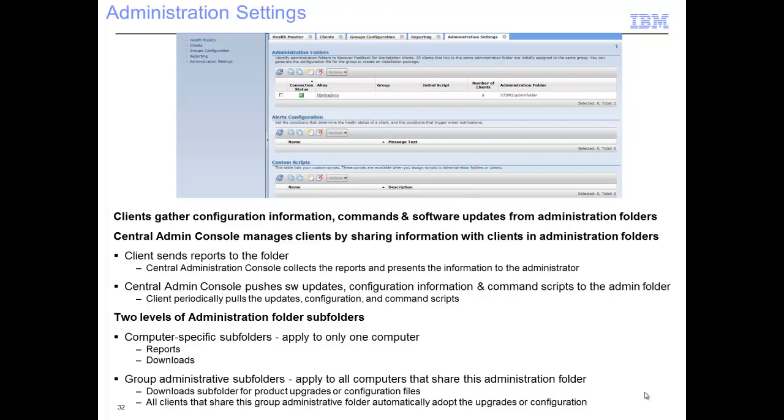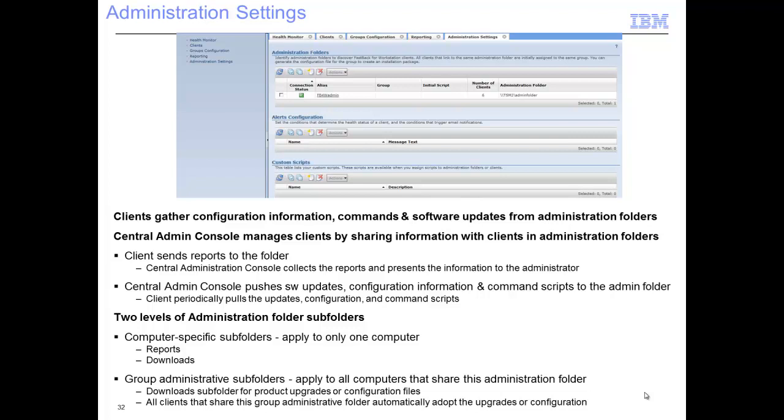Now the way that this pushing out of scripts, as well as pushing out of patches and fixes, as well as the ability to collect information about the individual clients, all of this is done through a folder, an administrative folder. And so the administrator will set up a folder and will make sure that that folder is accessible to all of the clients.